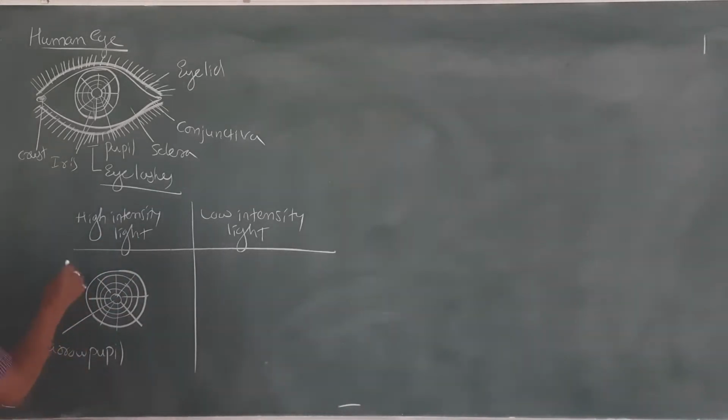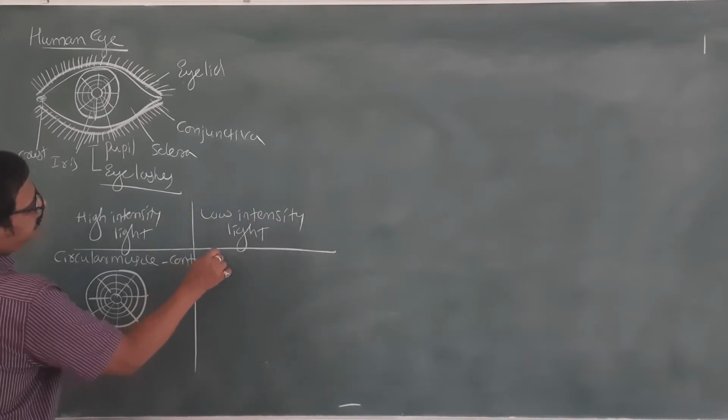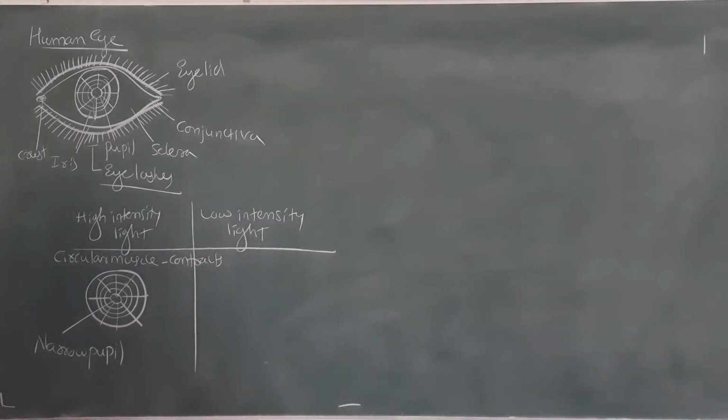You need to remember: circular muscles of the iris contract and longitudinal muscles relax. This is the condition that brings a narrow pupil.